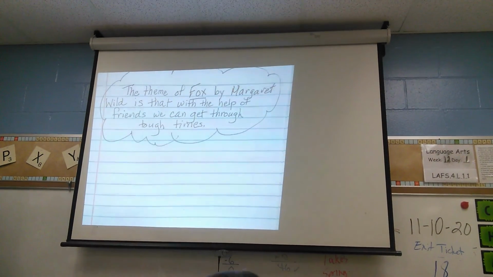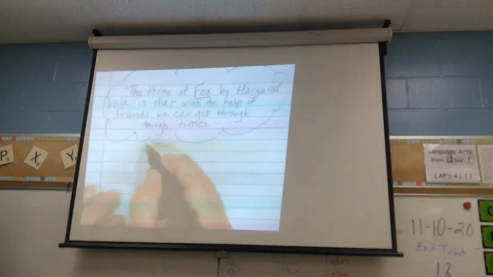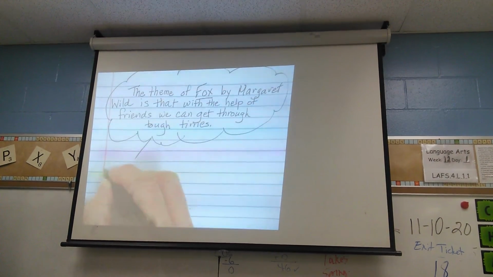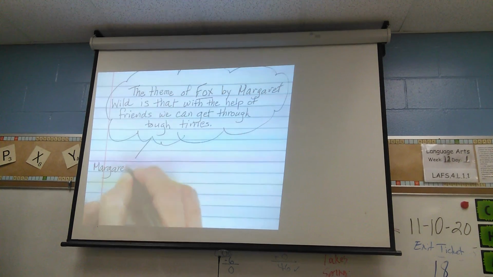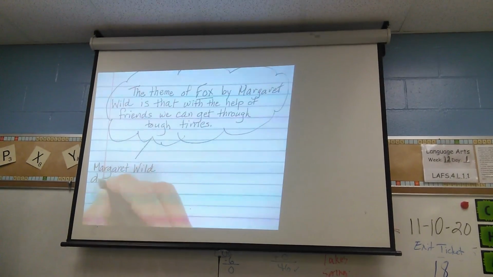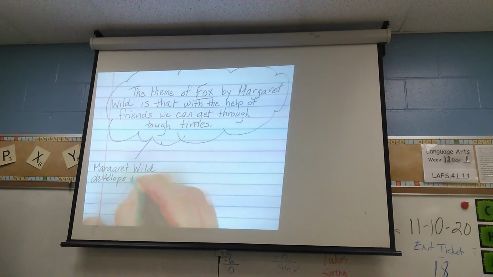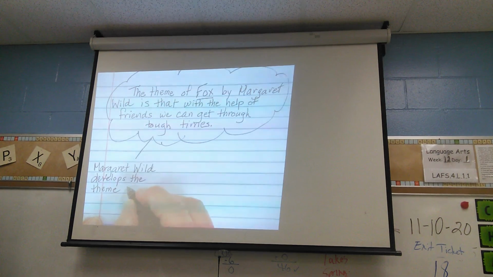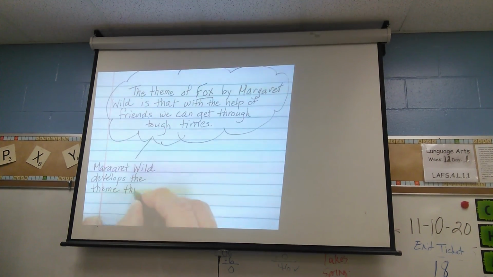Okay, so let's look at a sentence frame, or a way for you to frame your main idea sentences. Okay? One way you can do it: Margaret Wilde develops the theme through the conflict.